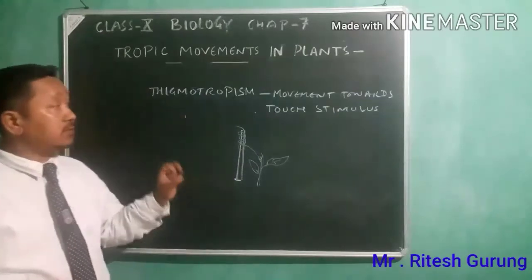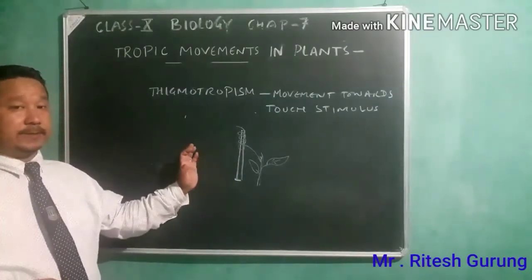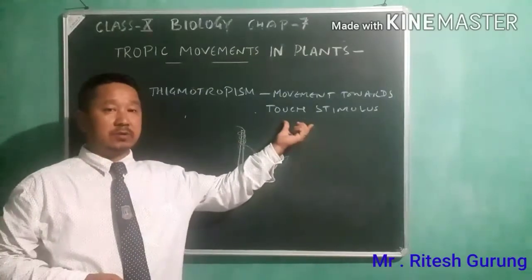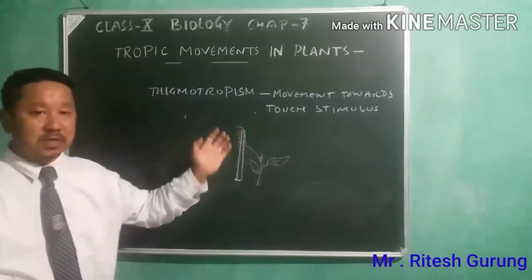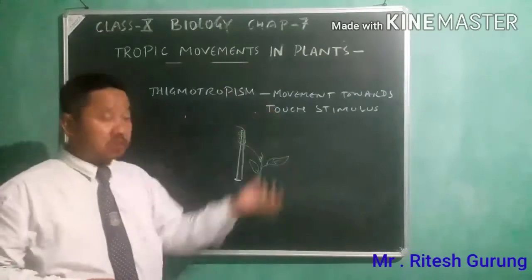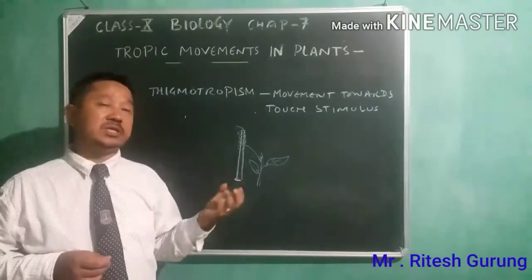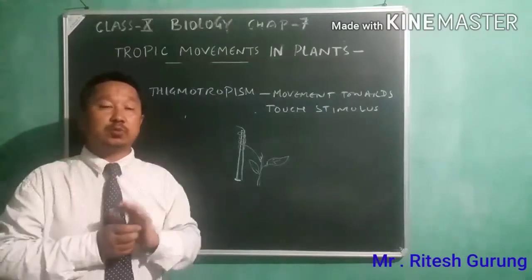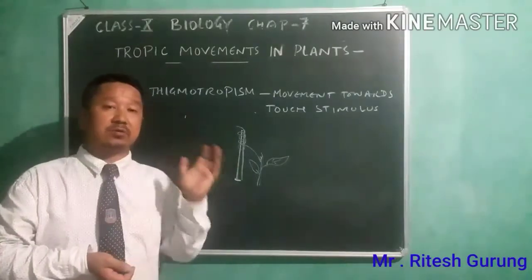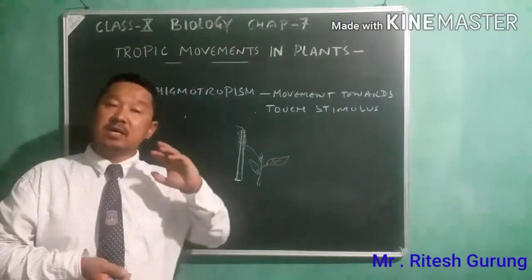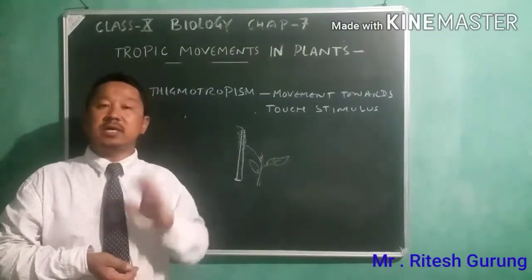So this kind of movement which you see, towards the touch stimulus or one-sided touch, is called Thigmotropism, which is usually seen in those plants which have tendrils. There are not only sweet peas, cuscuta and vines, but many other plants which have tendrils.